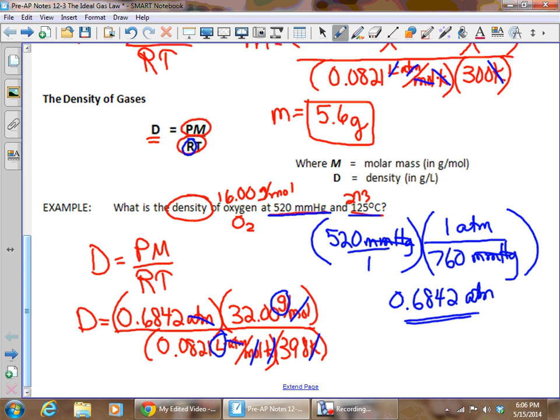When we're dealing with solids and liquids, we usually do grams per milliliter or grams per cubic centimeter. But gases have such a low density that it's much better to deal with it in terms of grams per liter. So dividing these out, 0.6842 times 32 divided by 0.0821 divided by 398, to 2 sig figs, I better put density equal to 0.67 grams per liter. So that's our answer.